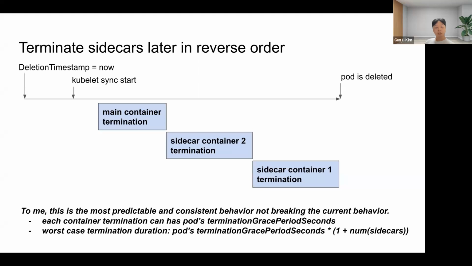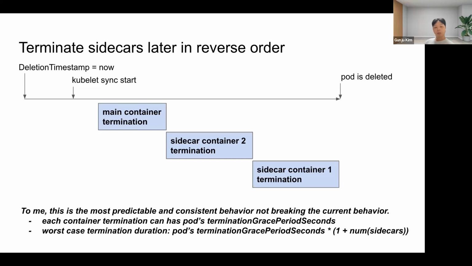If someone says that we will terminate sidecars after all regular containers and in reverse order, then to me the most predictable way is just moving the container termination start time backward, not changing the termination duration. To me, there's no reason to change each container's termination duration.